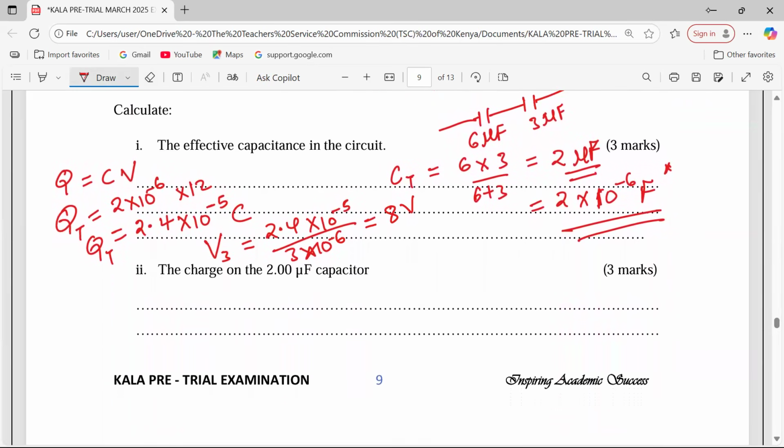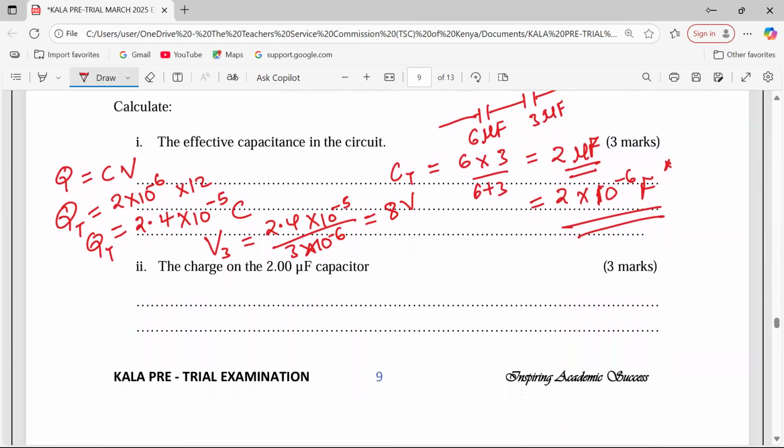Therefore, for the 2 microfarad now, we can talk about the charge there. Charge at the 2 microfarad will be given by the capacitance there, which is 2.0 times 10 to the power negative 6, times the voltage there.